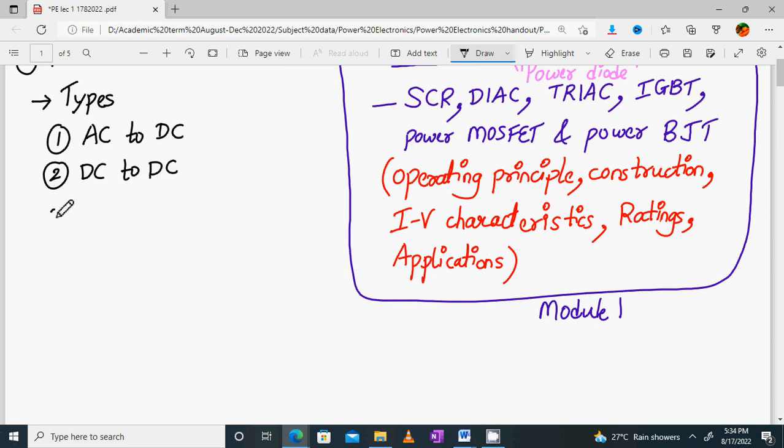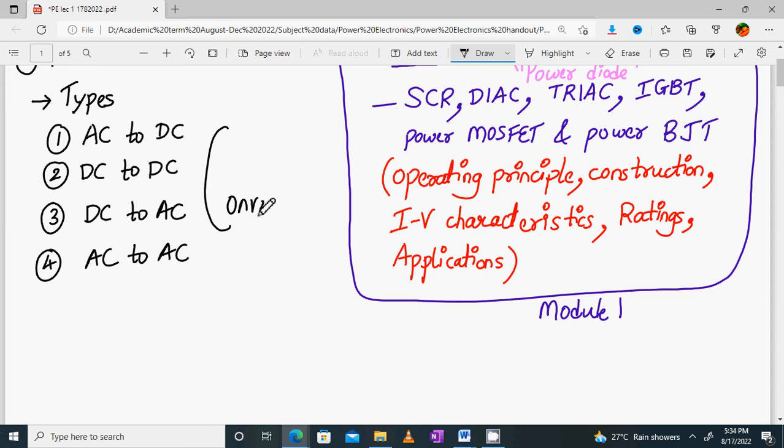The third type is DC to AC converter, and finally we have the AC to AC converter. Fine. So there are four types of converters.